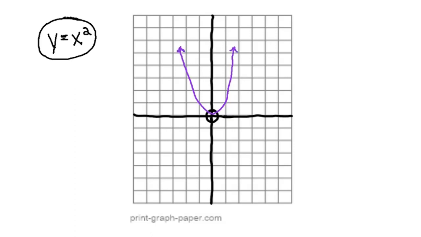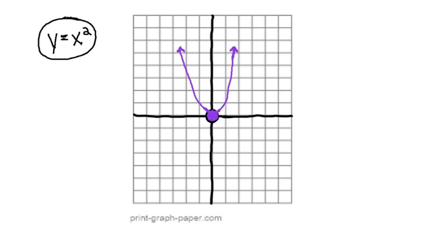So it pretty much makes a smiley face, and the center of it, where it folds over, is right there in the middle point at the 0 in the middle of your graph paper. So smiley face, that's x squared.